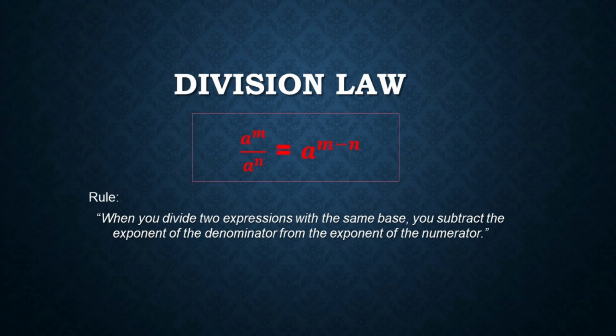The division law for indices, also known as the exponent rule for division, is a fundamental principle in algebra that simplifies expressions involving exponents. This law applies when you are dividing two powers with the same base.